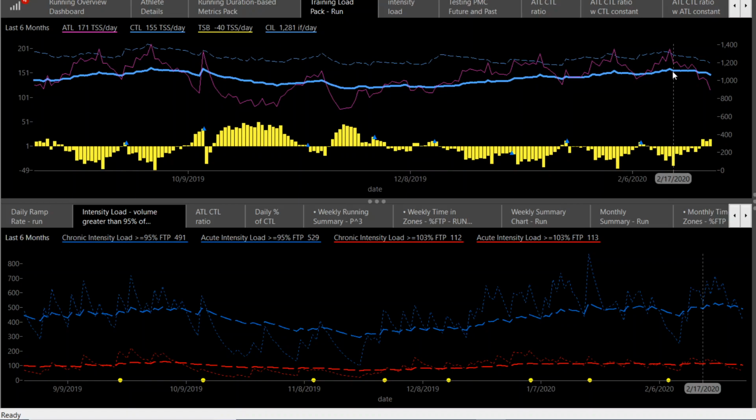You can get 100 TSS running at 80% of your threshold, an easy aerobic run, and you could get 100 TSS doing interval work, so a high intensity interval training.